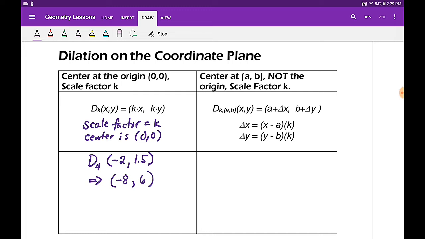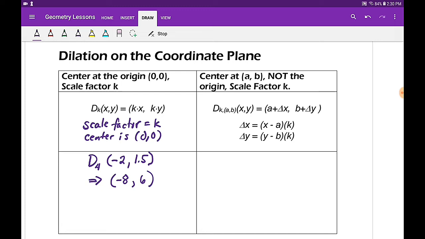Now, what about if the center is at any other point, not the origin, given a scale factor? Well, our rule changes a little bit.